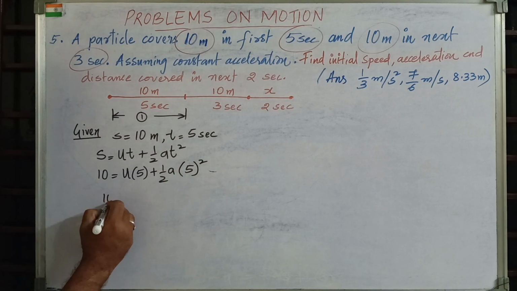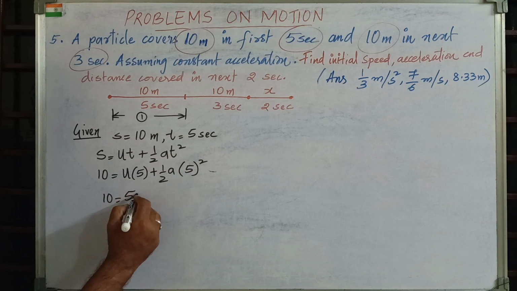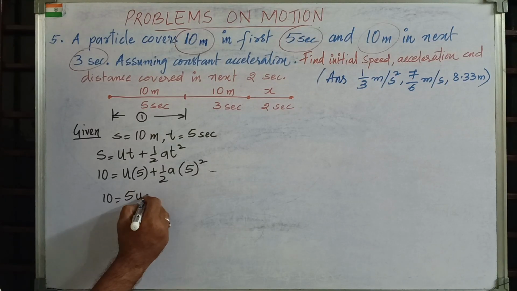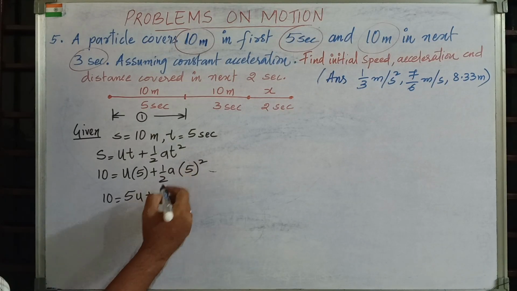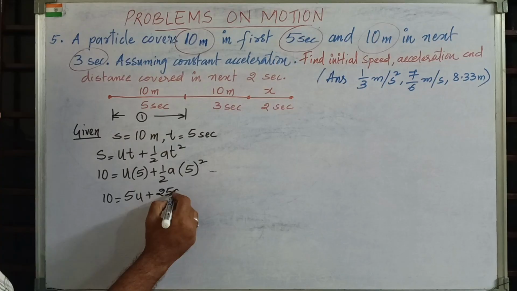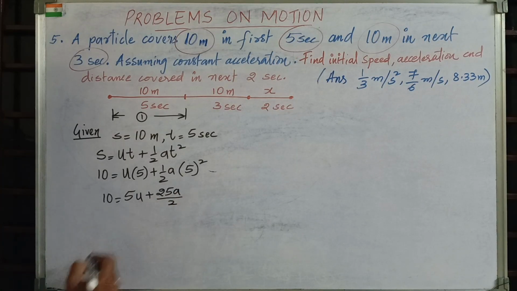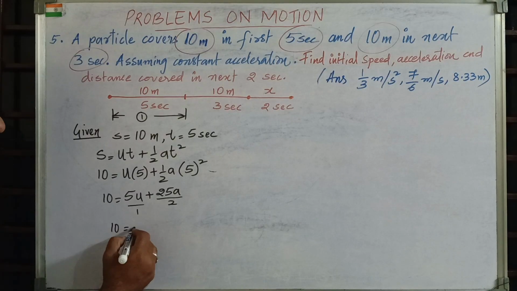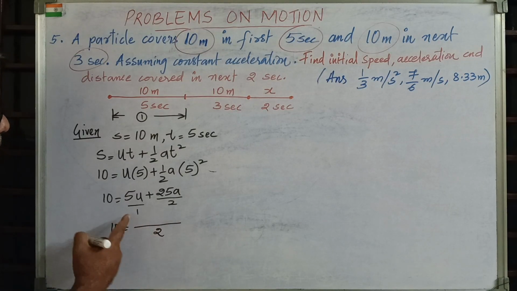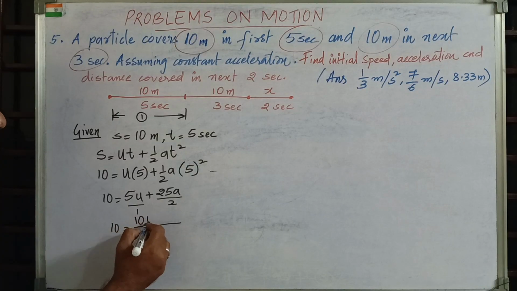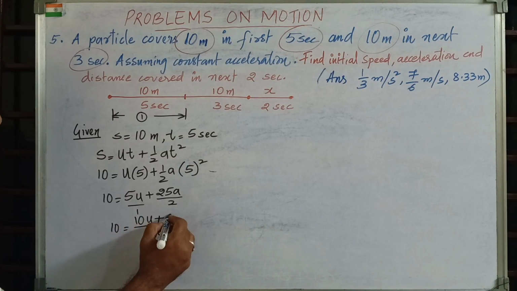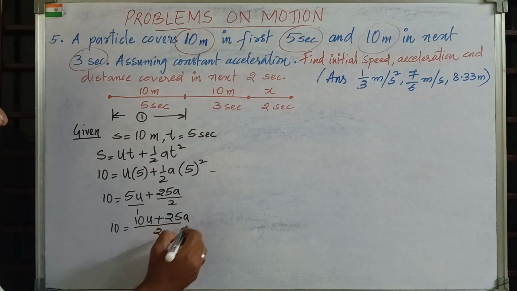So now 10 is equal to 5U, it's 5U, plus 5 square, that is 25A by 2. Let us do the LCM. LCM is 2. 1 goes into 2 two times, 2 5s are 10U, plus 2 goes into 1 one time, so 25A.